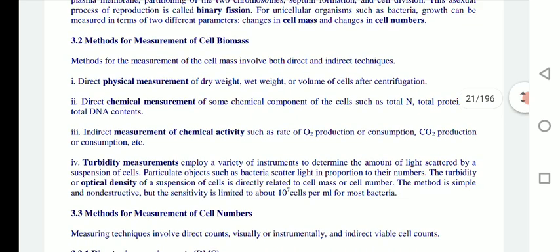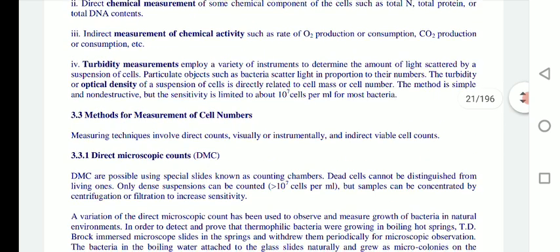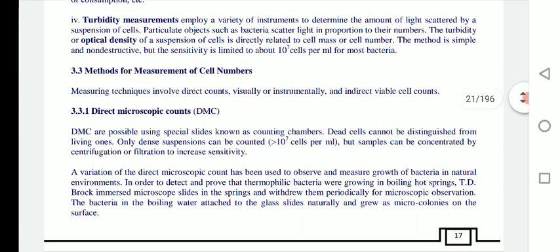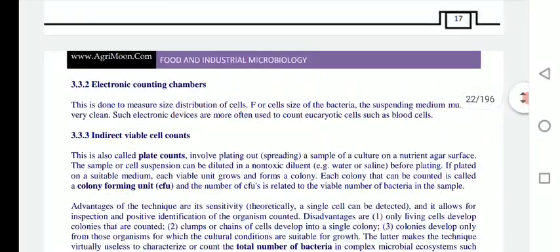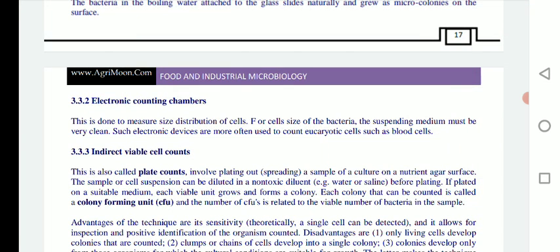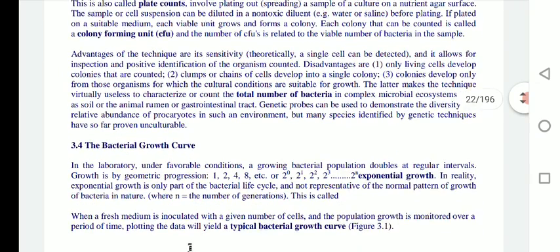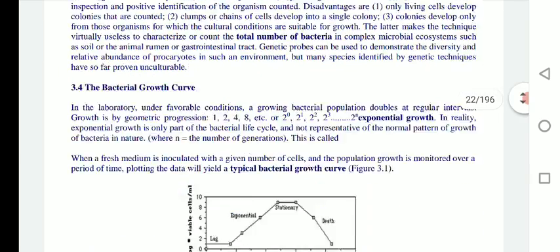Because you have already studied this topic. There are some methods for measurement of cell numbers. You can count the cell numbers by direct microscopic count, and there are also some electronic counter chambers. Then you can count the cell numbers by indirect viable cell count. Then the bacterial growth curve.